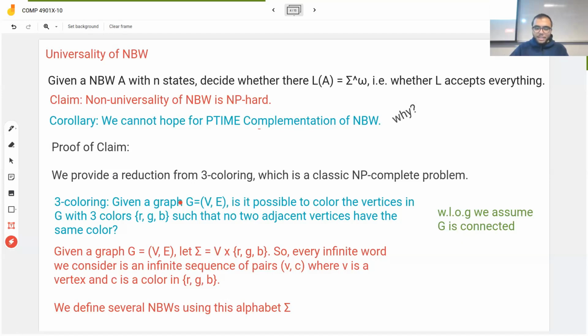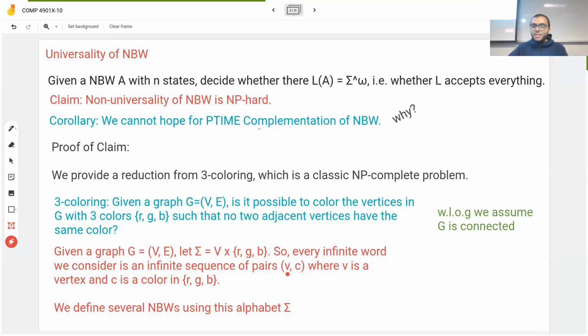I have to create a non-deterministic Büchi automaton. So the first thing I have to define are the letters of my alphabet. And I'm going to define the letters of my alphabet like this. I'm going to say that my alphabet is V times RGB.